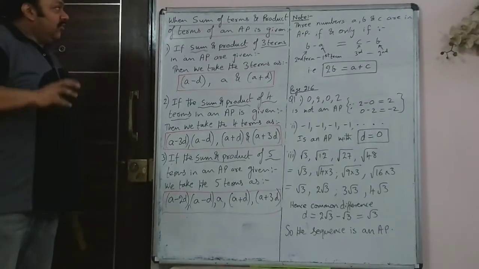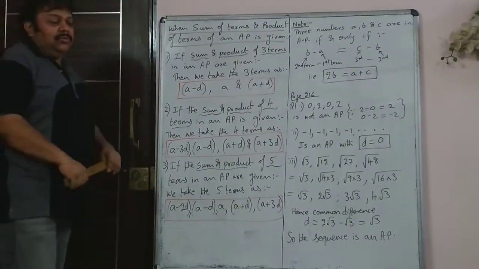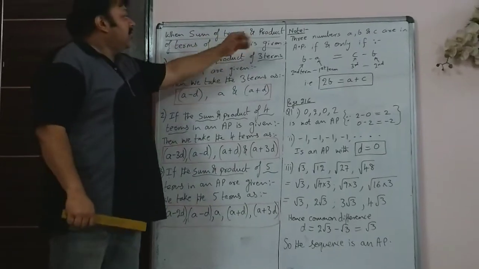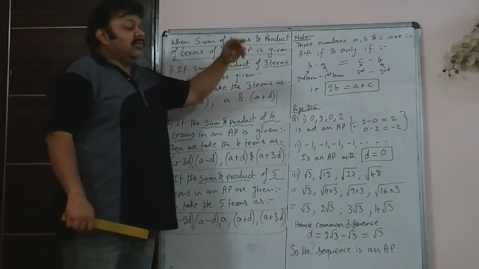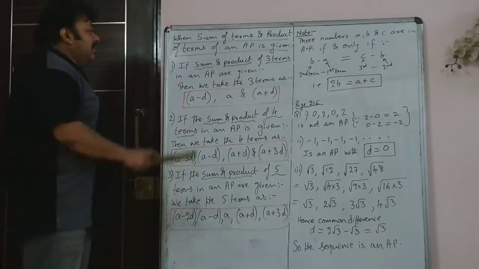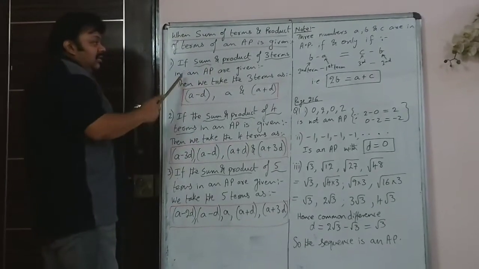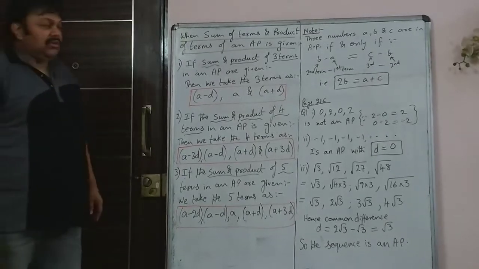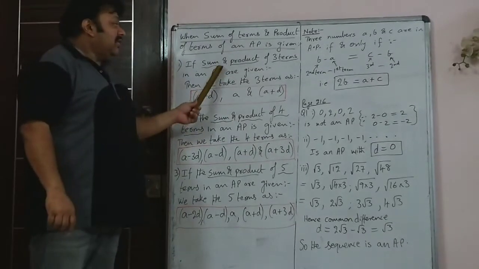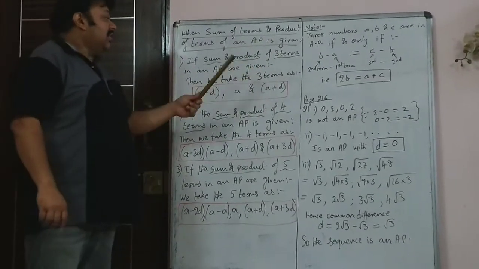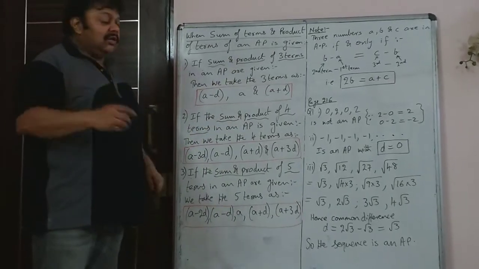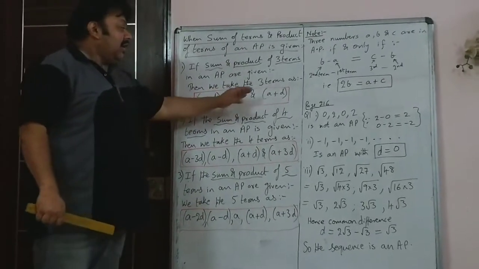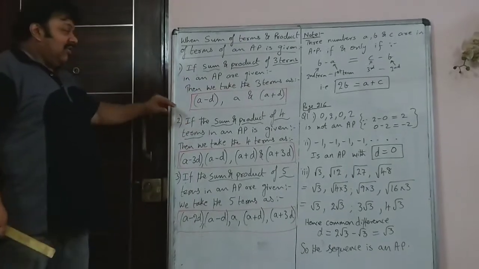So now, if you get a particular type of sum where the sum and product of terms of an AP is given, for example, the sum and product of 3 terms of an AP, then we take the 3 terms as A minus D, A and A plus D. Why do we take it like this?